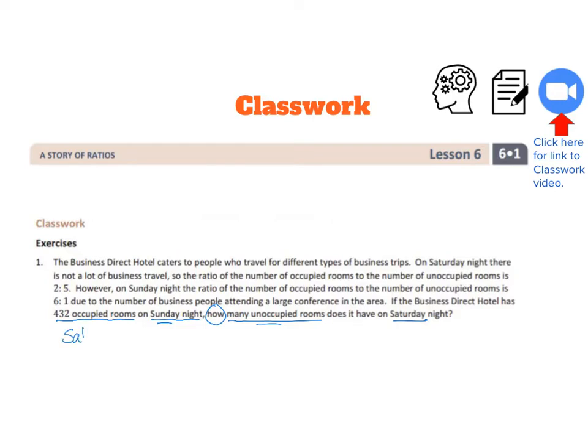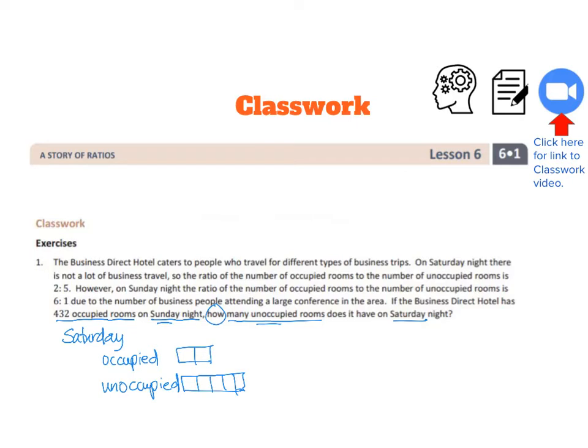So Saturday, they said it was a 2. So occupied has 2 units, and I've got unoccupied, right? And the occupied on, I'm just double checking, Saturday is a 2 to 5 ratio.